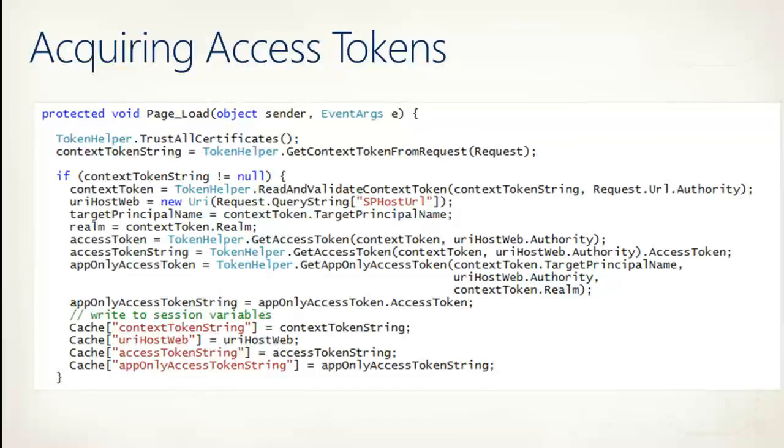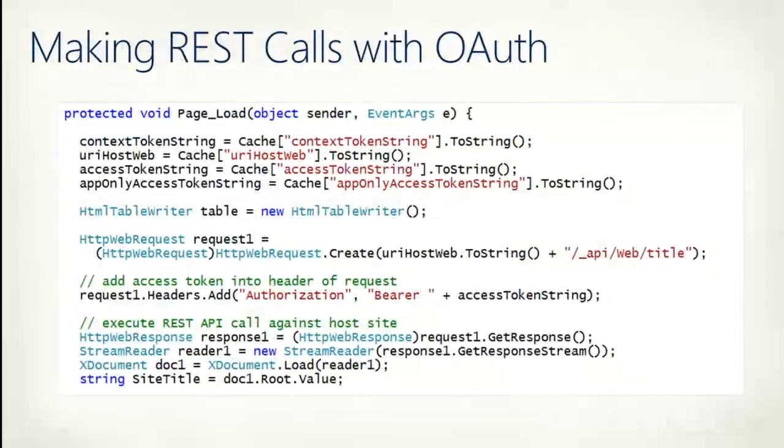But the idea is you just have to make the access token available when you want to call into SharePoint. And whether you've cached the access token or whether you have the refresh token and you get a new access token when you need one. So when I want to make calls, what we're going to do is we'll start with REST. And when I'm using REST, this is a server-side call.